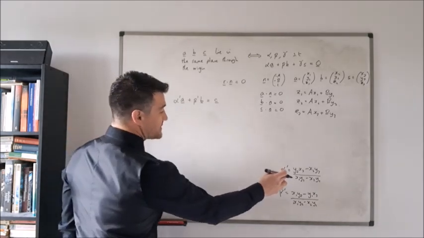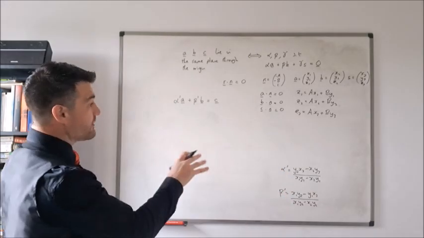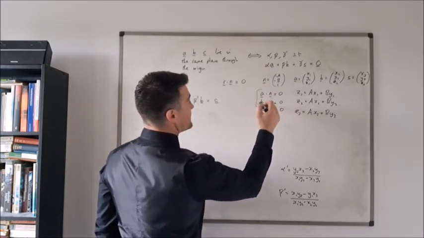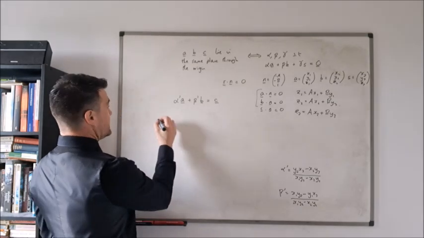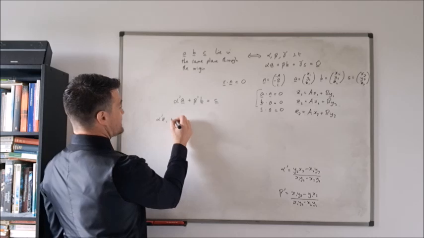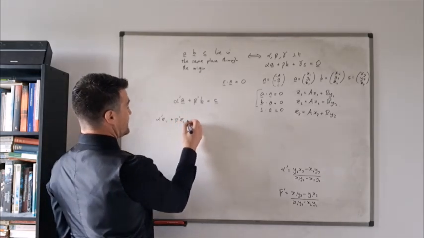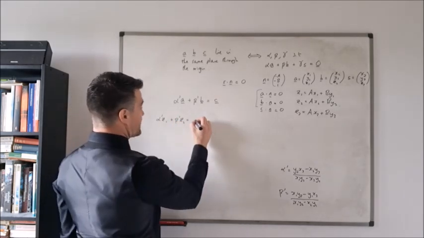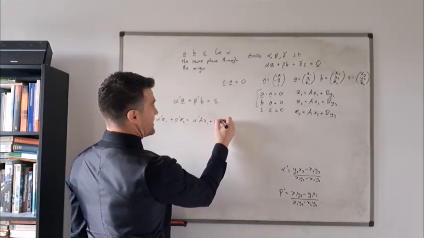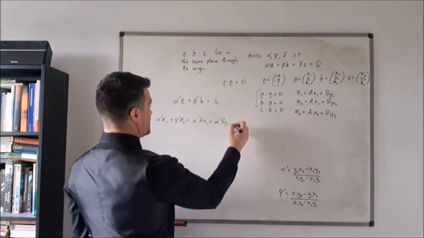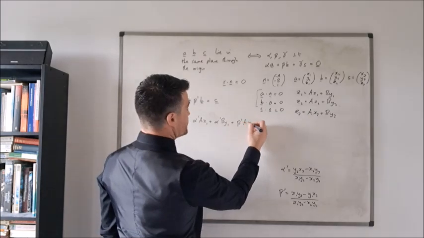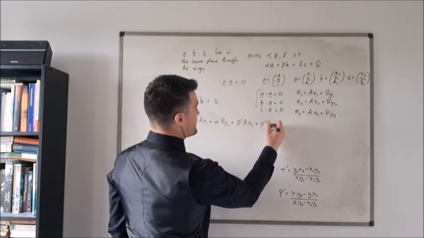So if I use the values of alpha prime and beta prime that I've already found, then if I use the Z1 and Z2 that I've got from here, then I will get that alpha primed Z1 plus beta primed Z2 is going to be equal to alpha primed A x1 plus alpha primed B y1 plus beta primed A x2 plus beta primed B y2.